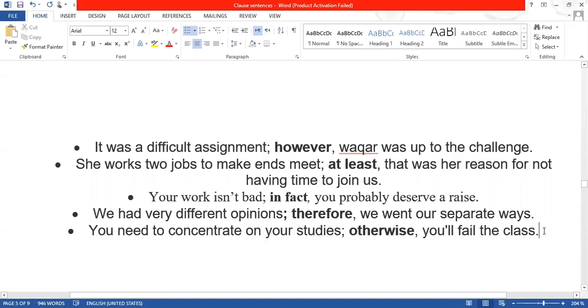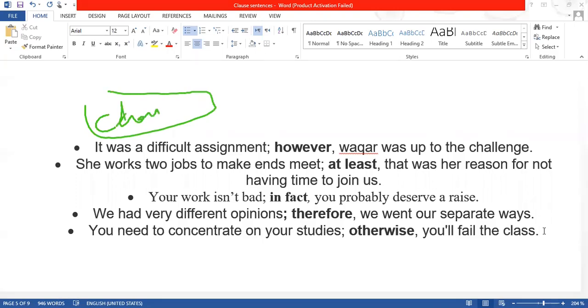Now, another way of doing it, and there is another way as well. Like, for example, let me show you. We can have it in a different way. For example, one clause, and then a full stop when a sentence ends, and then these conjunctive adverbs, and then a comma, and then another clause.